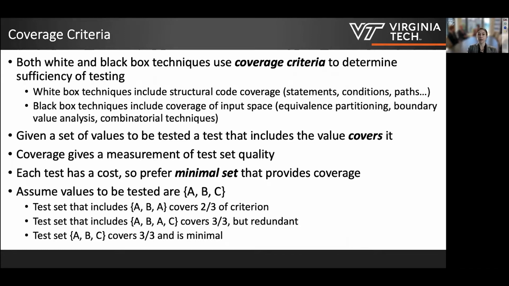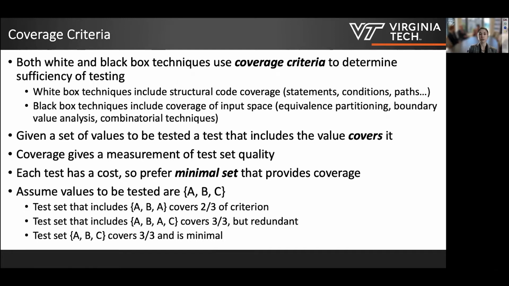So given a set of values to be tested, a test that includes that value is said to cover it. And coverage gives us a measurement of test set quality. Each test has a cost, so we would prefer a minimal set that also provides coverage.